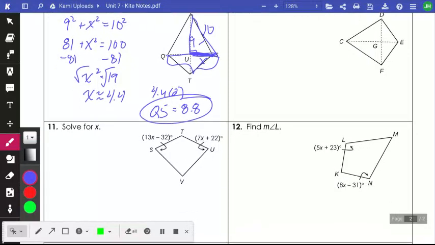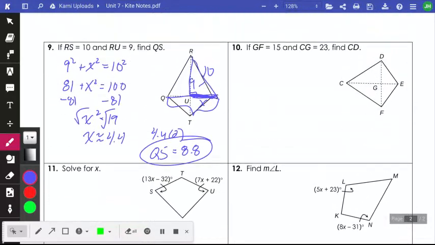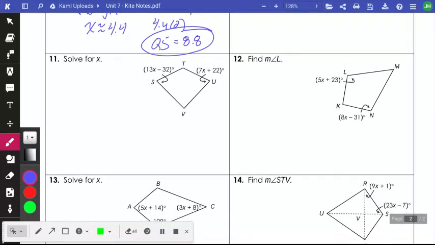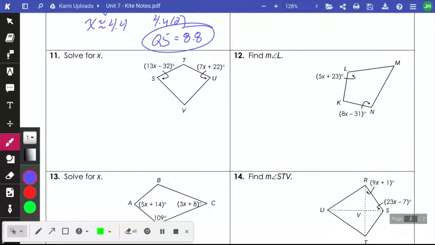Okay. Let's look at number 11. Number 10 is just like that. Well, at least one of the two we've just done. Number 11 is talking about angles. And remember, these two angles here are going to be congruent to each other. Okay, they are the ones that are in between the non-congruent sides. T and V are between congruent sides. They're not congruent to each other.